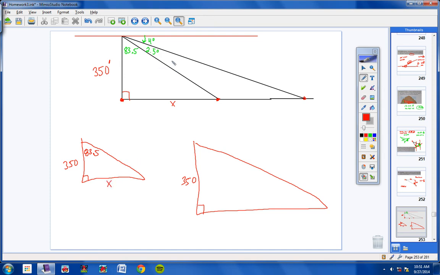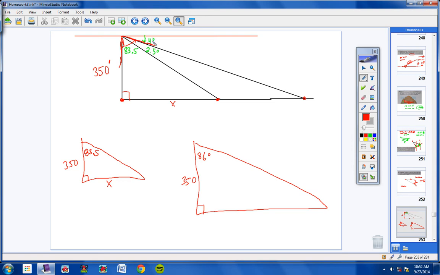Now, the other triangle goes from here all the way to here. Okay, so it's 83.5 plus the 2.5, so 86 degrees. And I hope you see that okay, students. The big triangle comes down right here and comes down right here.